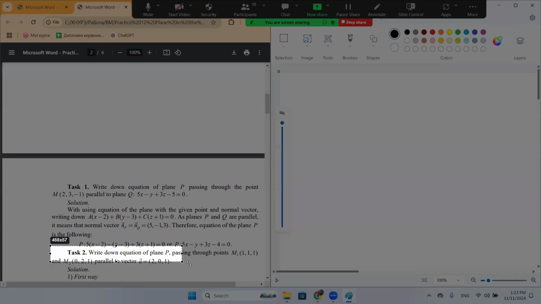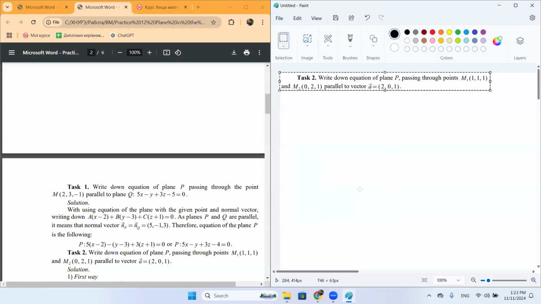We don't have enough data for now. We have 2 points through which P is passing, but we can draw an infinite number of planes through 2 points.